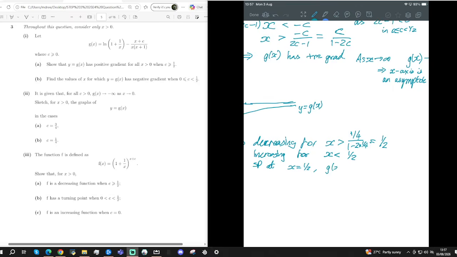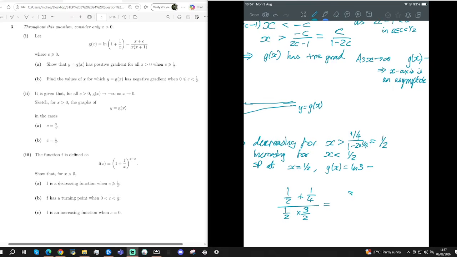I kind of want to know what the y value is, more than anything else, whether it's positive or negative. So this is going to be ln 3 minus, now this is a half plus a quarter over a half times 1 plus a half.